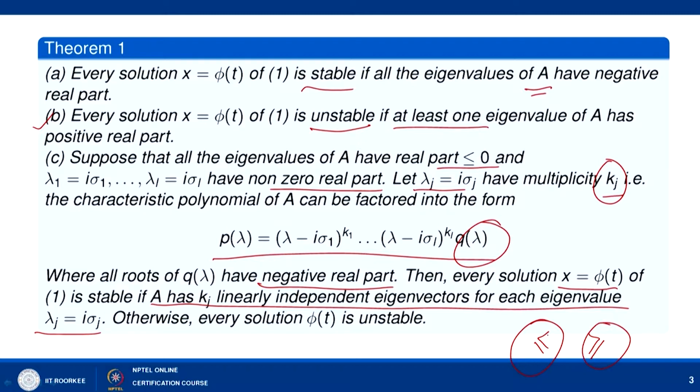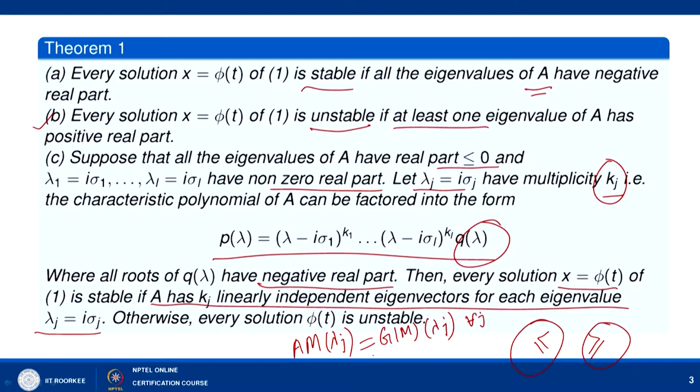So, it means that there are eigenvalues for which we have 0 real part. Now let us say that lambda 1 to lambda L are eigenvalues with 0 real part. Then we have to look at the algebraic multiplicity of lambda j and geometric multiplicity of lambda j. If they are equal for each j, then solutions are stable, otherwise solutions are unstable.